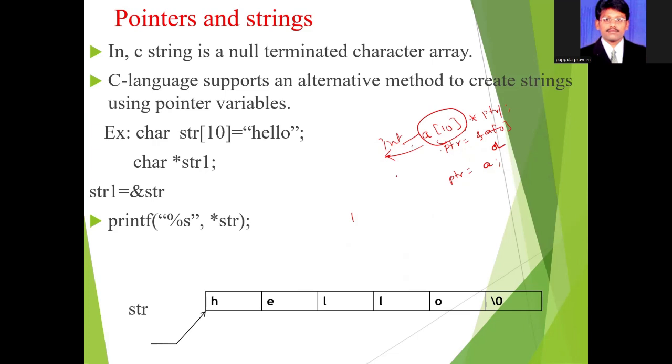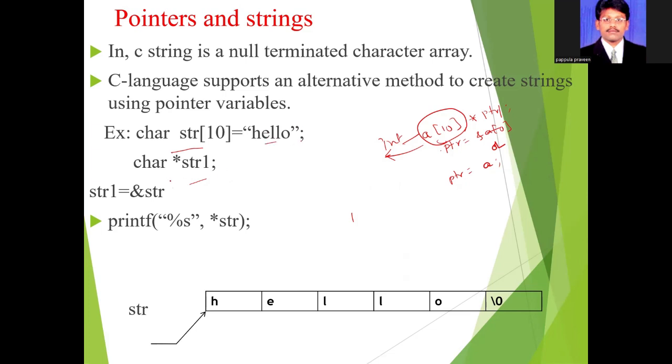10 numeric values. Sometimes we have to take a character array. A character array is, for example, when you want to read your name, or say hello to your friend. Then we declare a character array: char str of 10, which allows 10 characters, hello, semicolon.